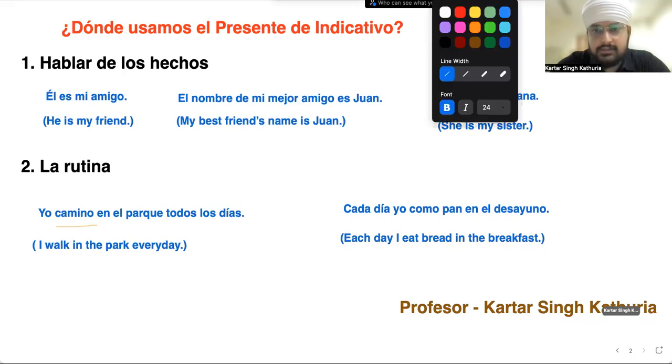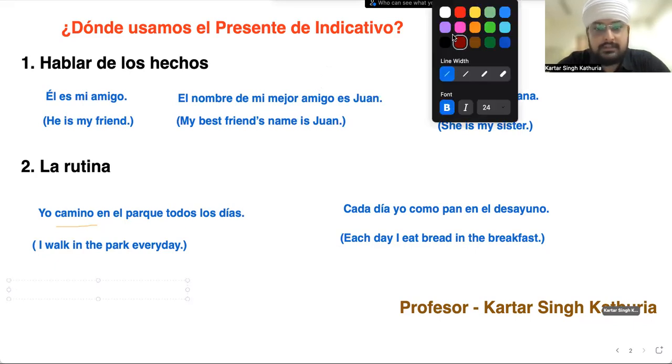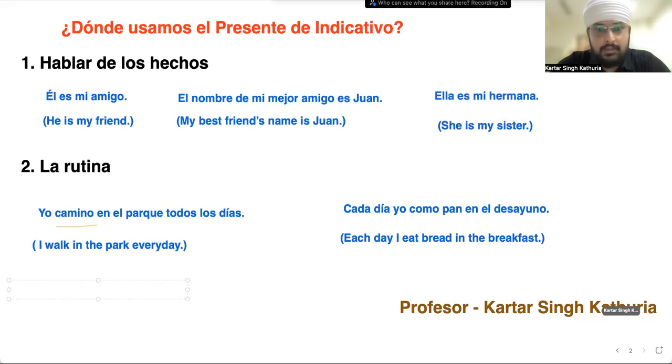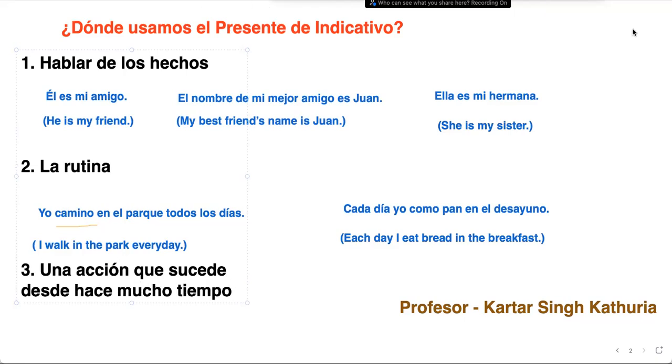So the next use will be the time that we have been doing an action since a long time. Una acción que sucede desde hace mucho tiempo. An action that occurs since a long time.